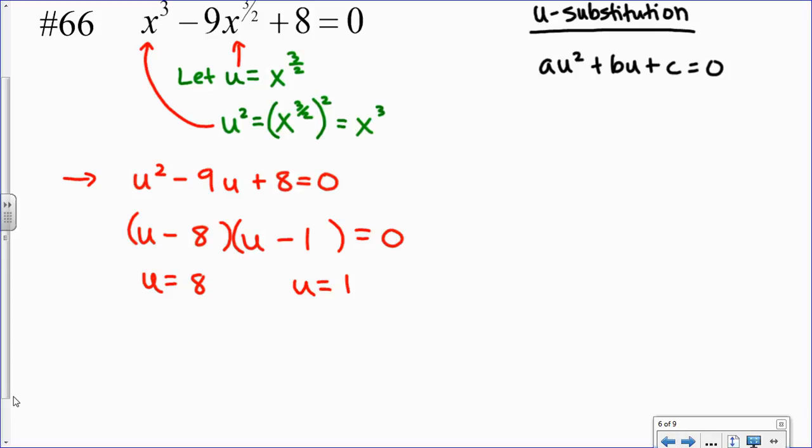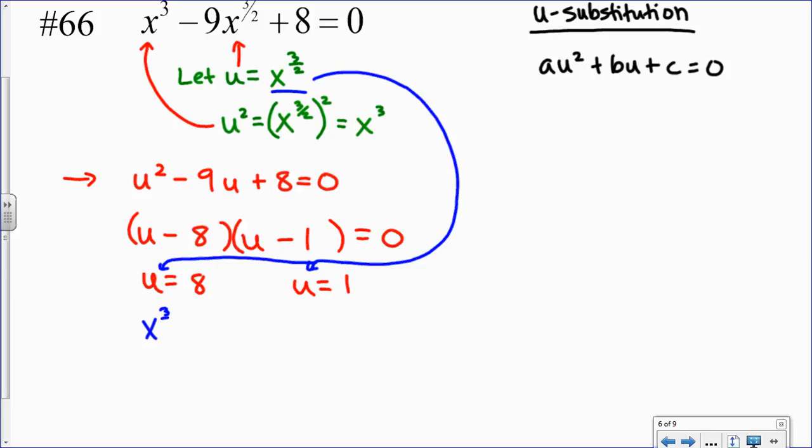Now I'm going to take what u is and substitute it in for these u's here. So u was x to the 3 halves. So I have x to the 3 halves equals 8, and x to the 3 halves equals 1.